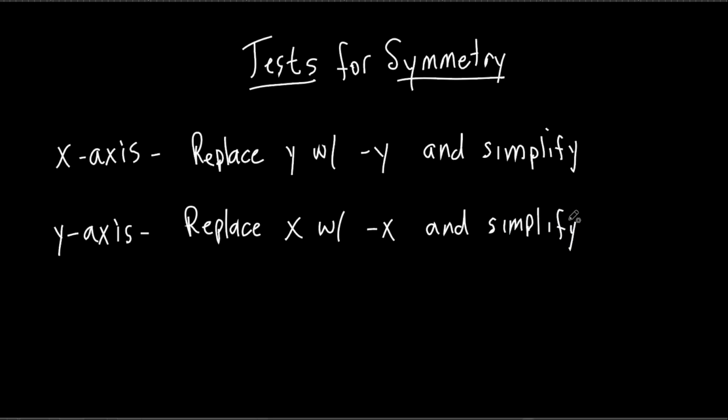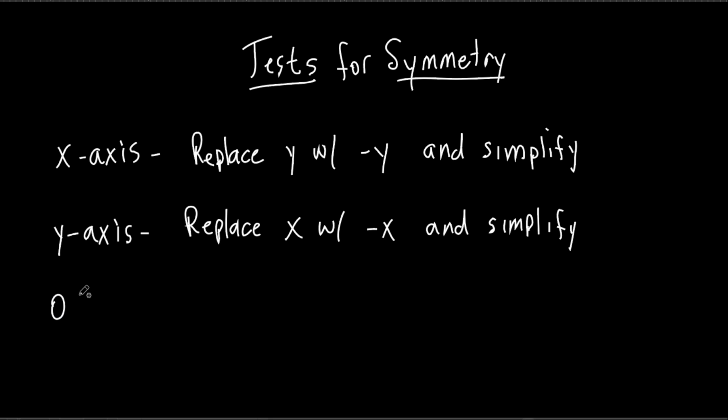Okay? And then, I'm not going to write this down, it's in the book, but after you simplify it, you compare it to the original. If it's exactly the same as the original, then it's symmetric to the y-axis. You got it? If it's not exactly the same as the original, then it's not symmetric. You'll see what I'm talking about once we actually do one of these examples.